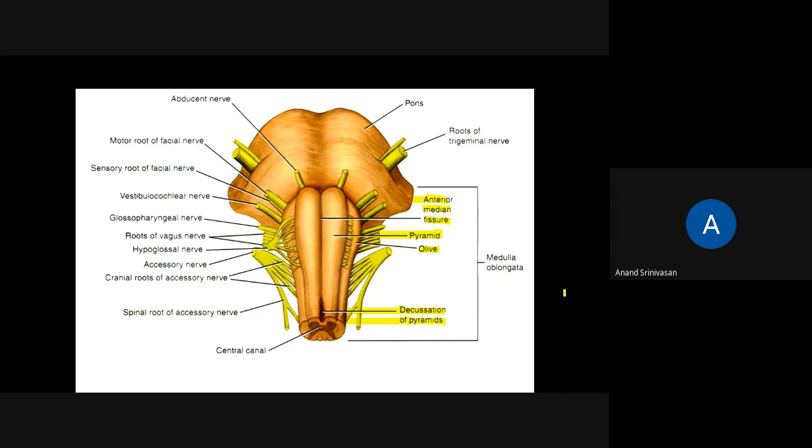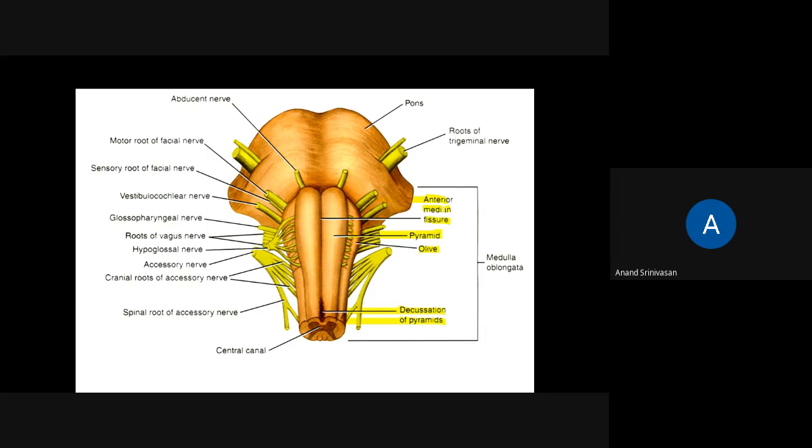So whenever a right-handed person writes something, it is controlled by the left-sided cerebral hemisphere. So there needs to be some crossing over, and this crossing over takes place at this point. It is called the decussation of pyramids.